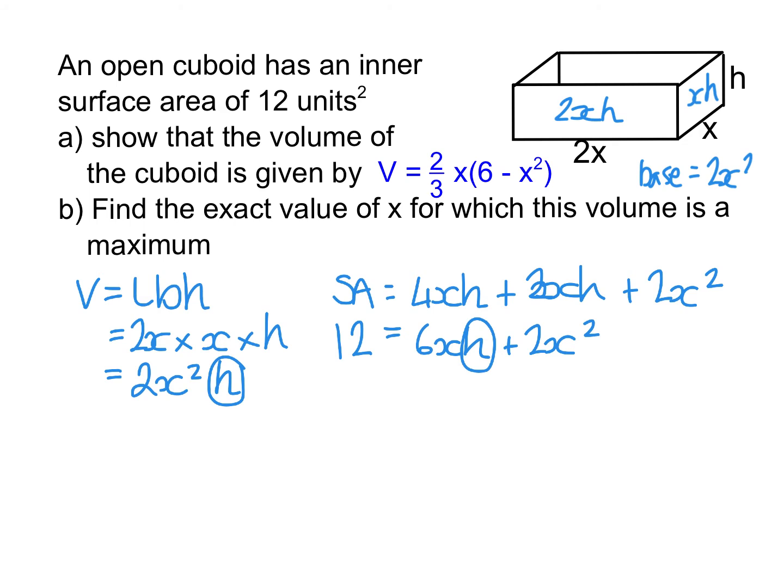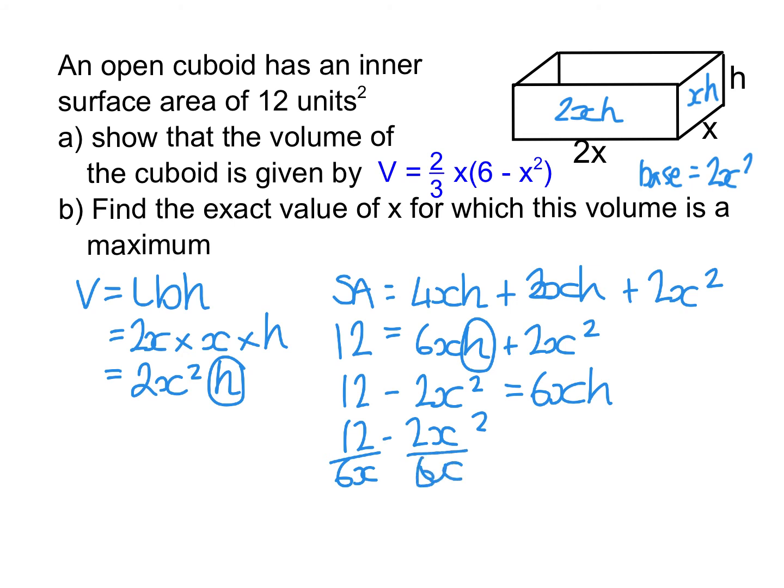Now I'm going to change the subject to get h on its own. So I've got 12 minus 2x squared equals 6xh. And then I'm going to divide by 6x. So I have 12 minus 2x squared, and I'm going to divide each thing by 6x.